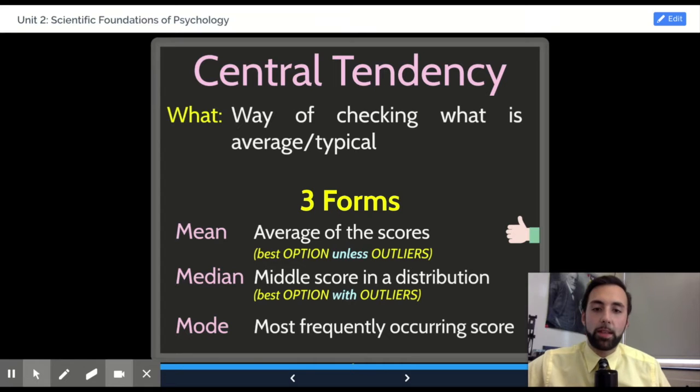And now all of a sudden, what would have been an 85 class average drops to a 72 class average. And that 72 is really no longer typical of how your students did. It doesn't do a very good job of summarizing the class results. So under the circumstances of outliers, you then transition to looking at the median. The median is sort of the second best option, and it's absolutely the best option when there are these really ridiculous outliers.